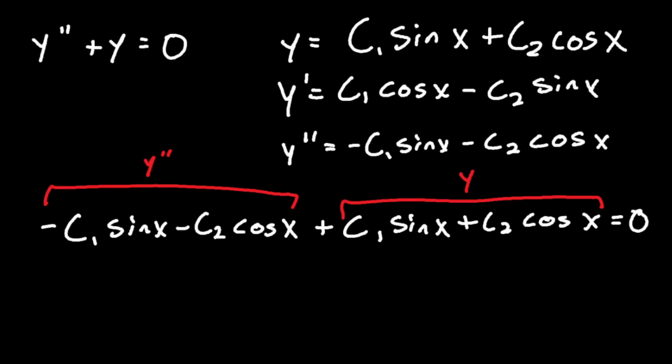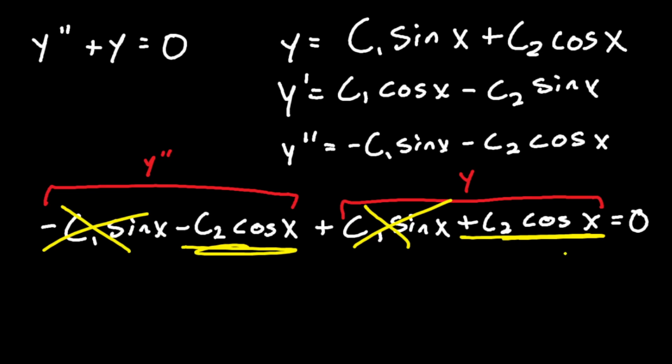All right, so what cancels out? Well, we have negative c1 sine of x, okay? And this right here is positive c1 sine of x. The constants in the front are the same, and the trig function is the same. So we can cancel these out. All right, how about this? Negative c2 cosine of x, positive c2 cosine of x. These have the same arbitrary constant, and they have the same trig function, except one is just the negative of the other.